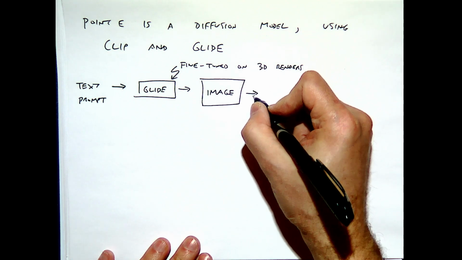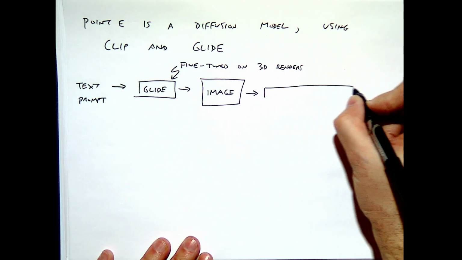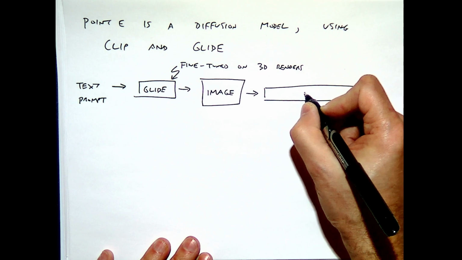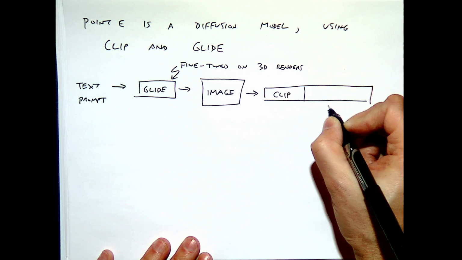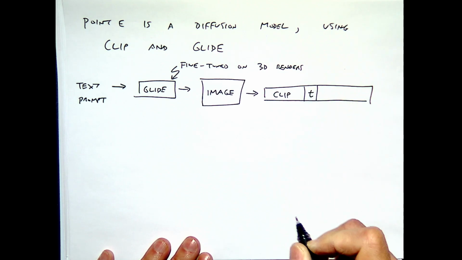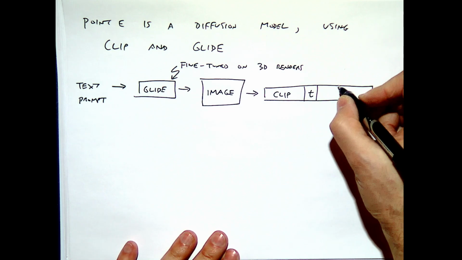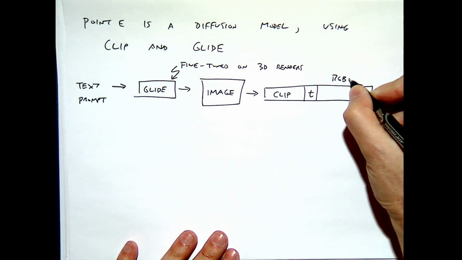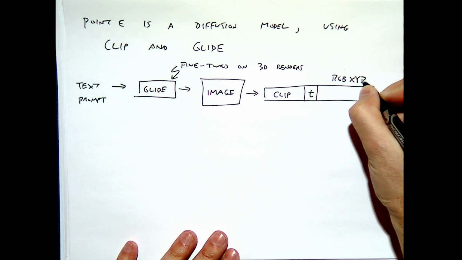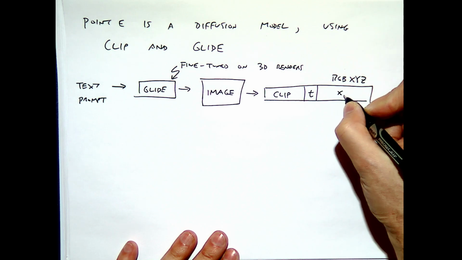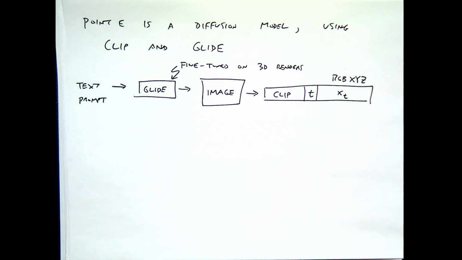And then once I have the image, I can have a CLIP description as part of the vector. I have a time step, and then I have a list of RGB XYZ points, right? So these are the points that I have at iteration t.